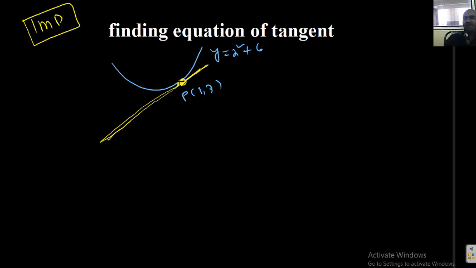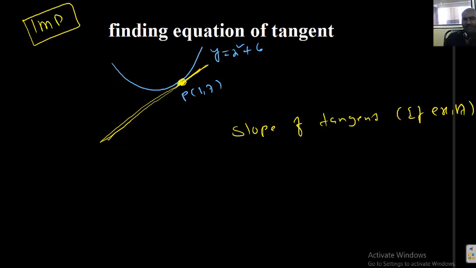So what I explained, I will write: slope of tangent, if it exists. In this example it exists, no? If it exists, equal to f dash of 1, that equals LHD, that equals RHD, anything, LHD or RHD.